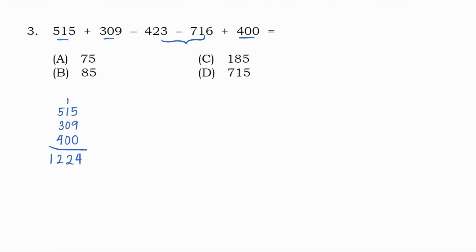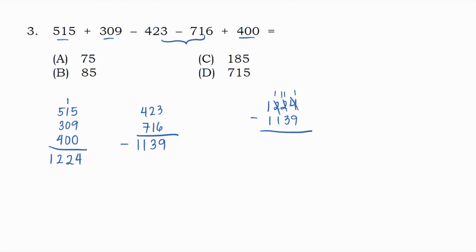And then, 423 plus 716, 9, 3, and 11. So, negative yan. And then, ima-minus na natin. 1,224 minus 1,139. This one will become 1, magiging 11.